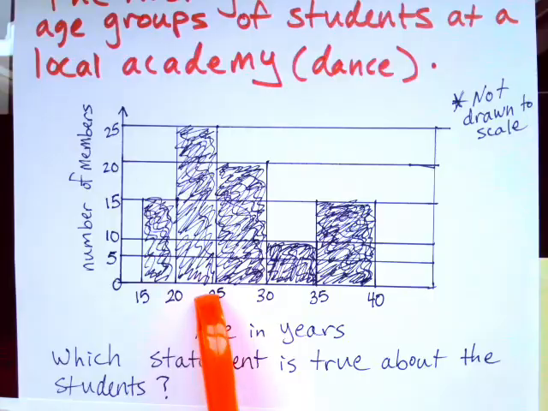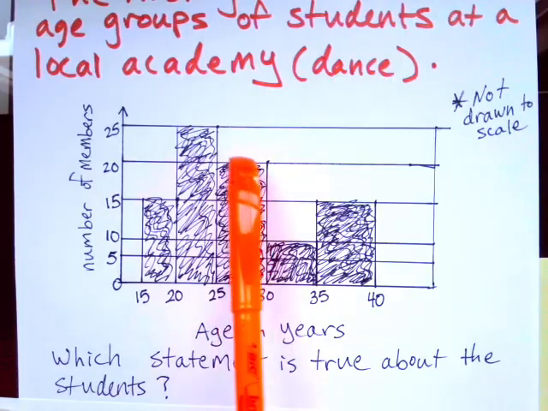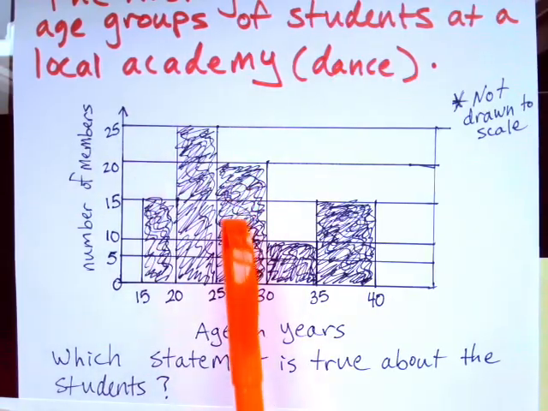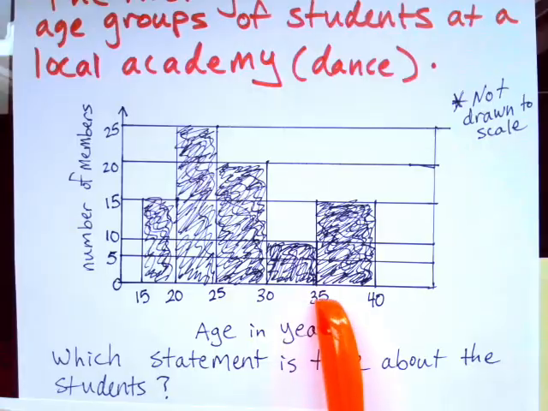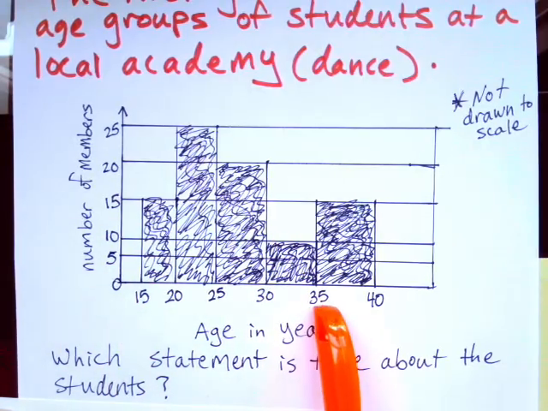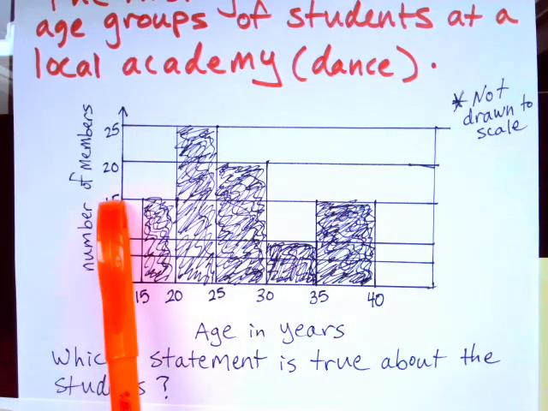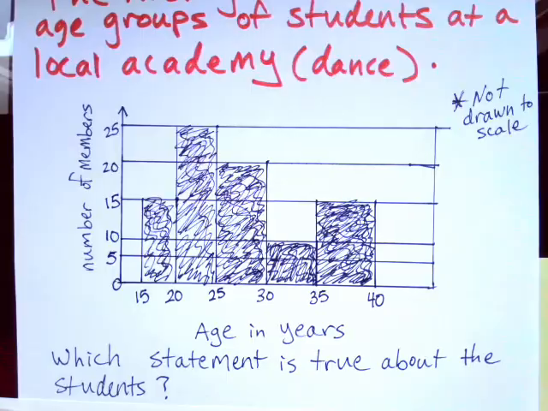Between the ages of 25 and 30, there were 20 students. Between the ages of 30 and 35, there were 10 students. Between the ages of 35 and 40, there were 15 students who attended.